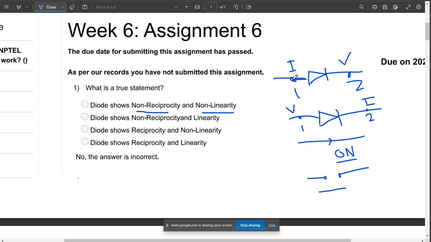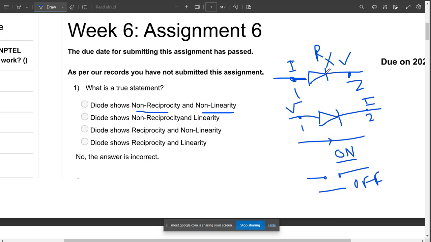So again, same thing: at point 1, if we give current I, then at point 2 it should give voltage V. This is reciprocity, but this is not shown in a diode because it acts as short circuited only in forward bias. If it is reverse bias, it is open circuit, which means it is switched off.